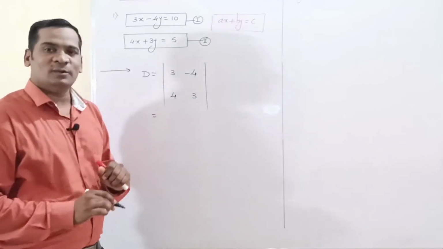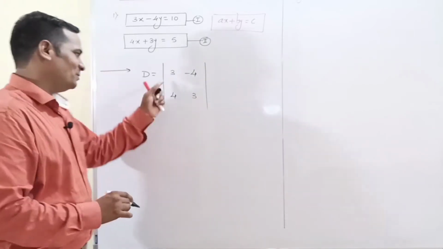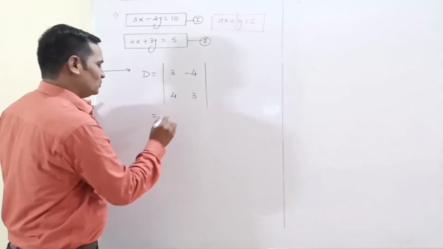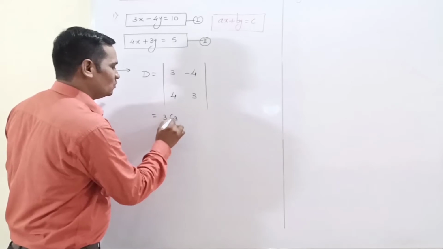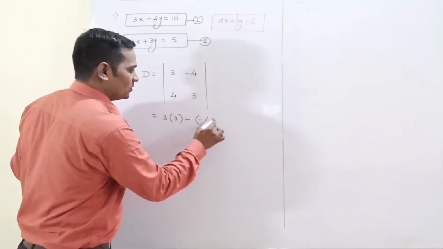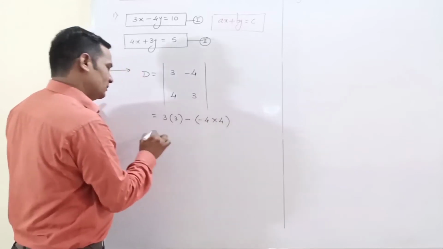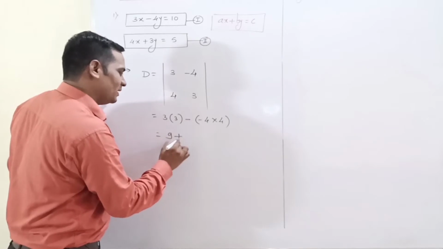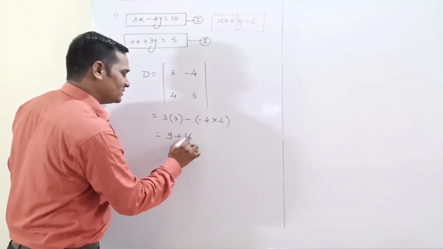So let's find the value of the first determinant. How simple it is, we already discussed how to solve a determinant. So we will write 3 into 3, minus, now minus 4 into 4. So 3 3s are 9. This minus minus will become plus. 4 4s are 16.